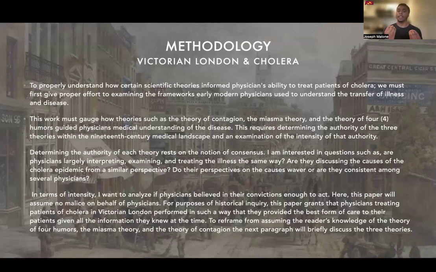And so part of the thesis of this paper is that there was a fundamental change in how the proper cause was identified, but that didn't necessarily change how they approached treating the disease. And so I began by trying to determine the authority.